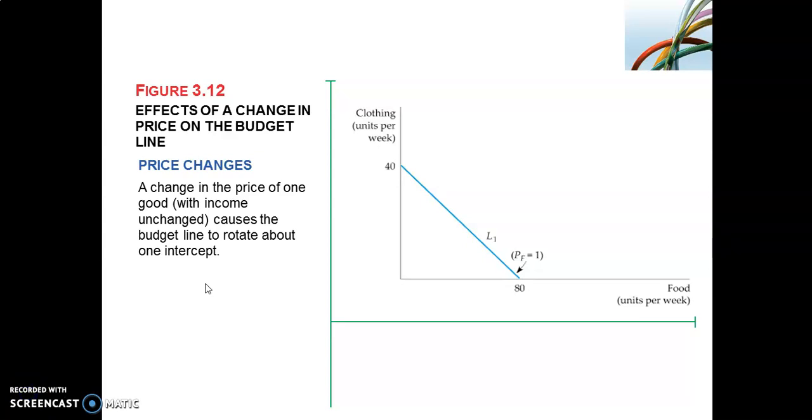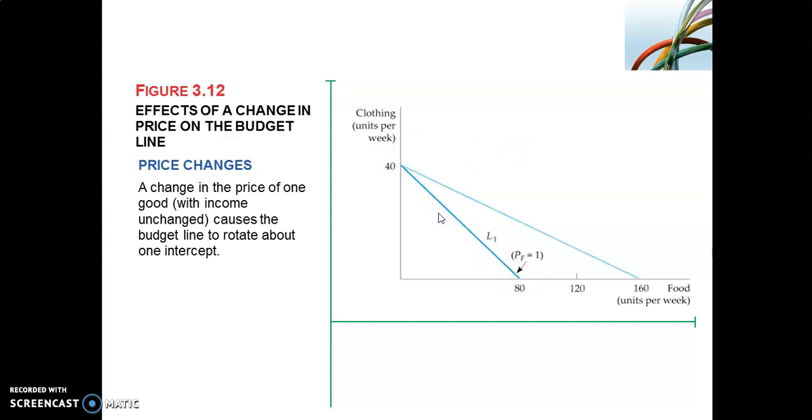In this example, the price of clothing remains the same. Thus, with the $80 at $2 per unit of clothing, 40 units are purchased if all the income is spent on clothing. However, R1 represents the original budget line where the price of food was $1 per unit, hence the vertical intercept here is 80.